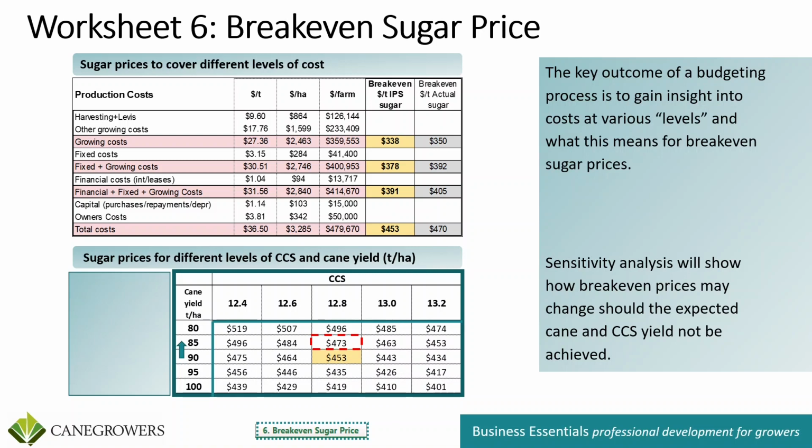Likewise, if there was to be a lower CCS outcome than expected, in this example from 12.8 down to 12.6, then there is again a higher break-even sugar price of $484 to make up the shortfall. $484 break-even is the combined impact of lower yield and lower CCS in this case. If it were only the CCS that changed, then the movement would be horizontal in the table row.